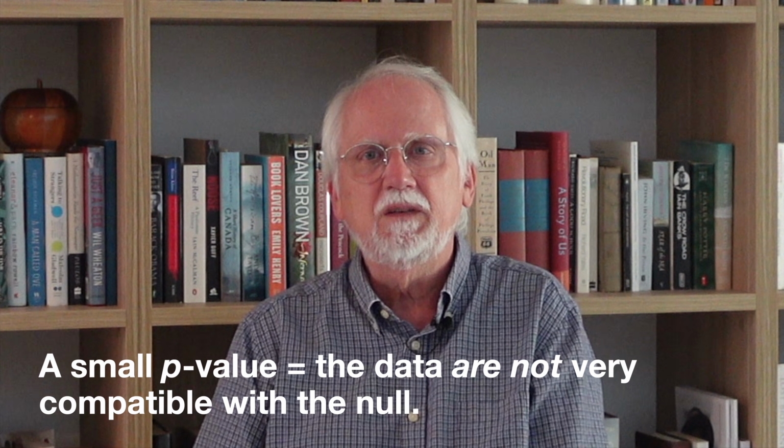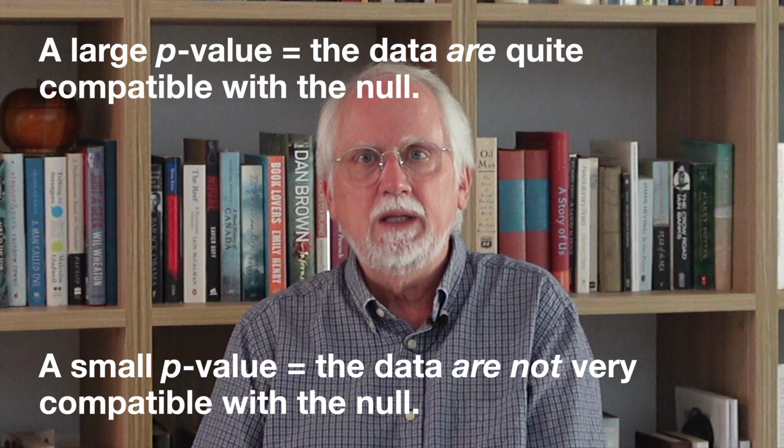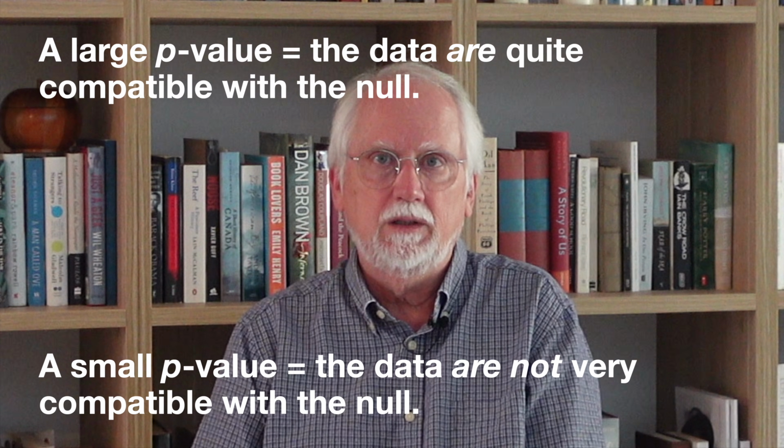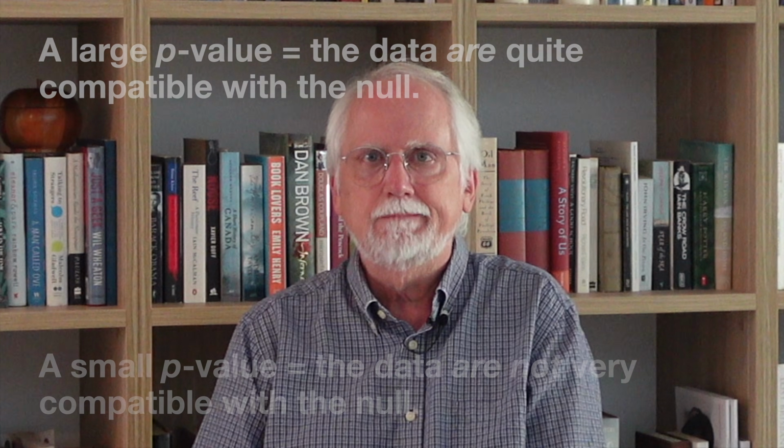The p-value is answering a very specific question. How compatible is my data with the null hypothesis? A small p-value means the data are not very compatible with the null. A large p-value means the data are quite compatible with the null. We see results like this fairly often when nothing is happening. Think about that for a moment.